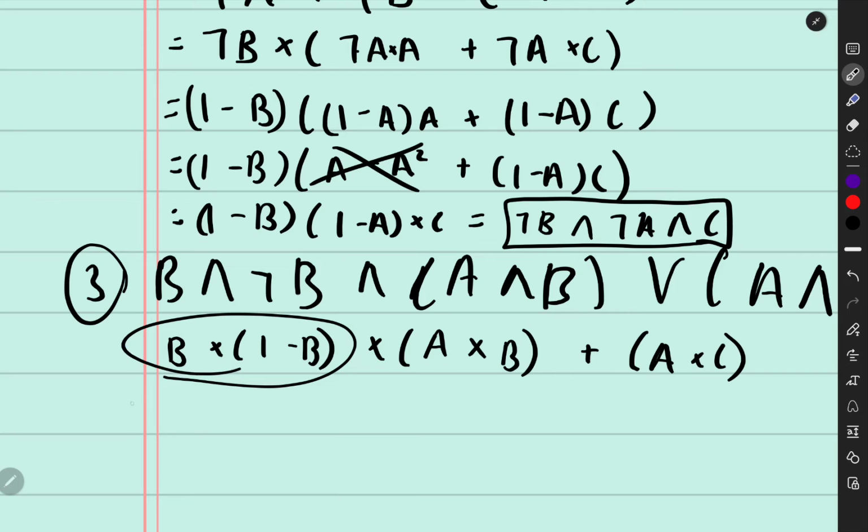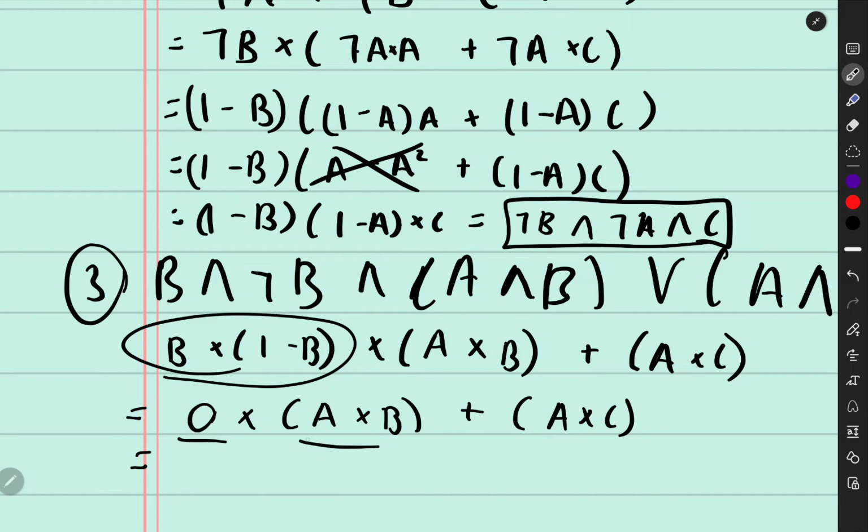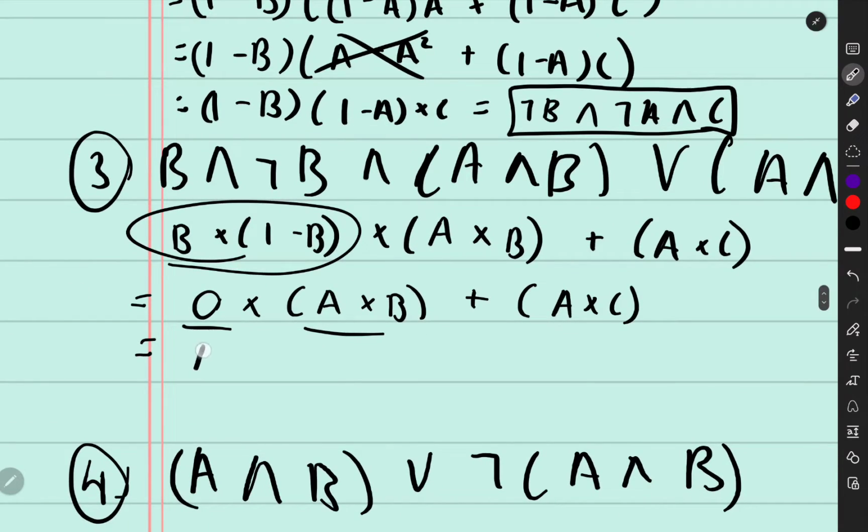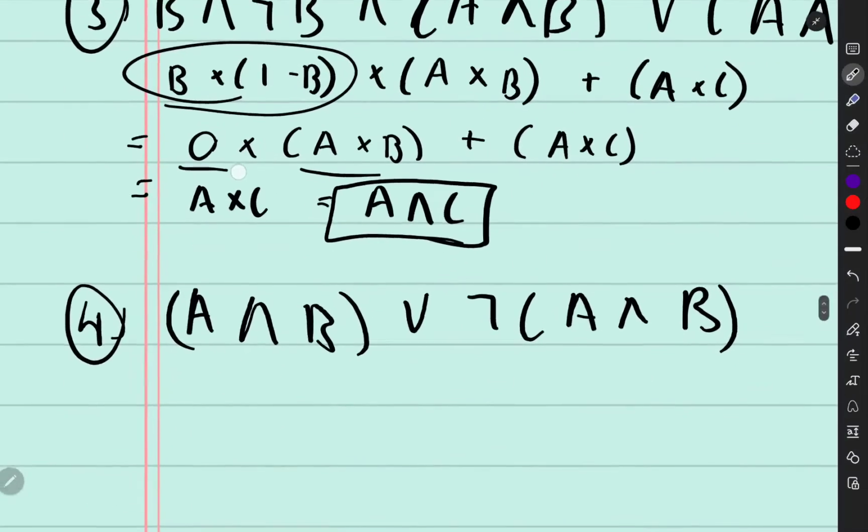So we know that this expression is 0. So the same as 0 times A times B plus A times C. And 0 times anything is 0, so that's just A times C, which is equal to A and C. That is our final value.